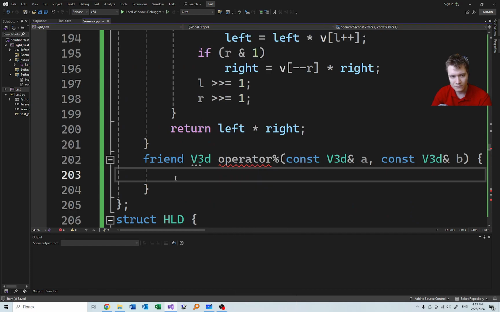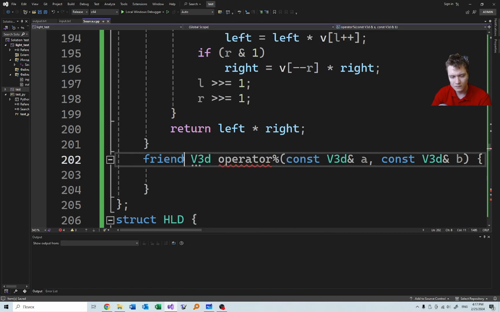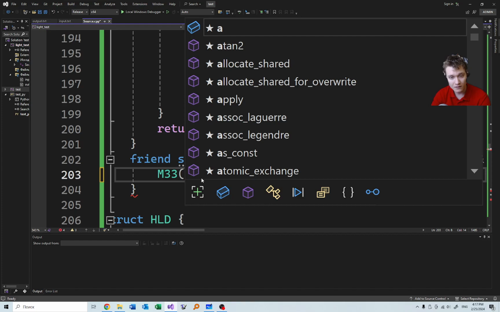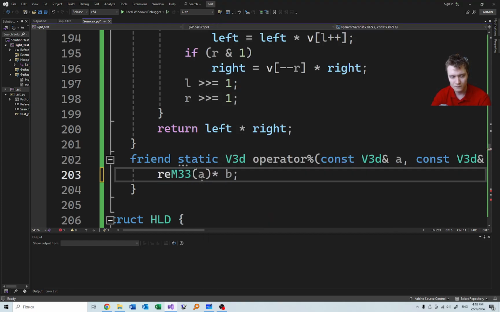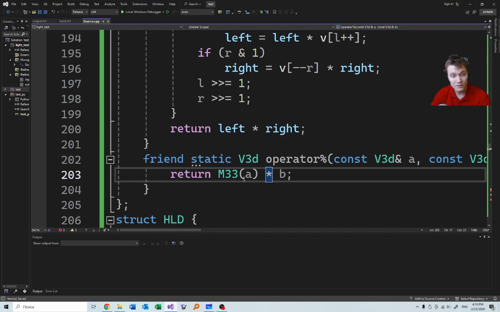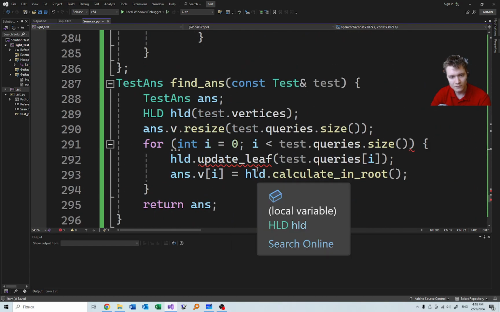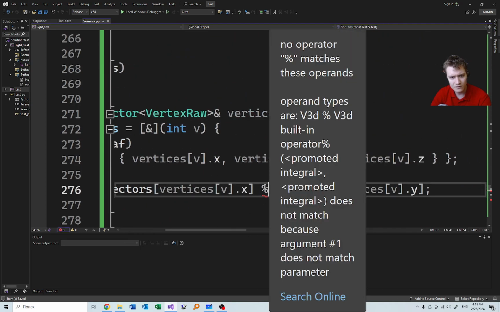We need to take m33 of a and multiply it by b. So simple. Great. Okay, now we are able to make this percent function.